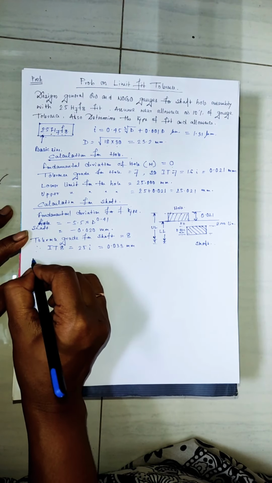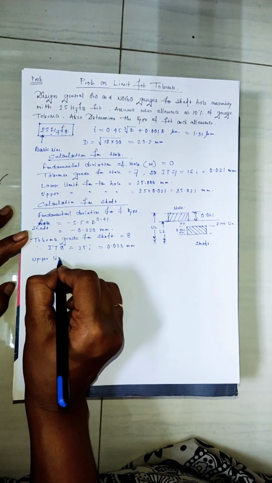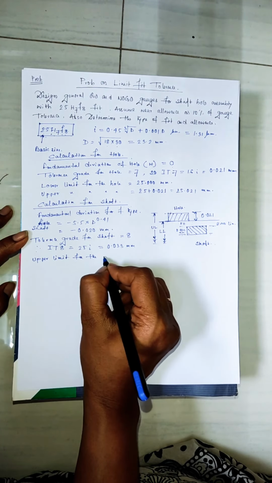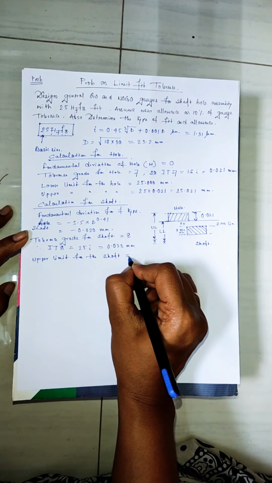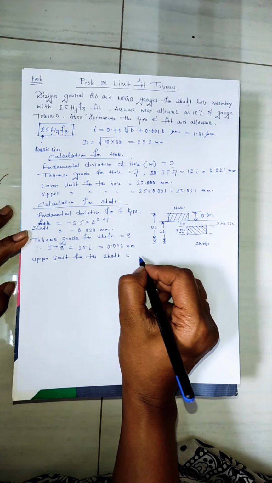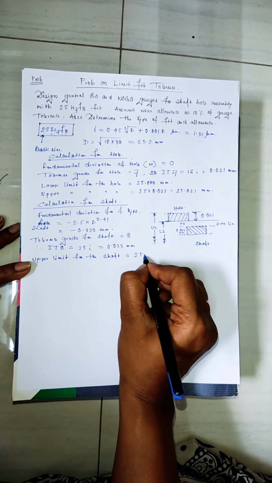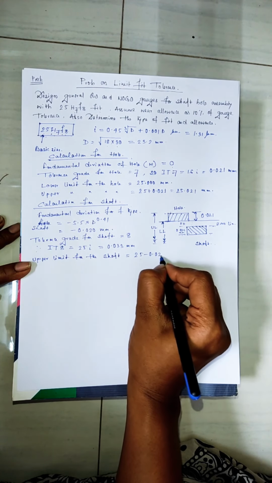So we calculate the upper limit for the shaft, which is equal to 25 minus 0.020.